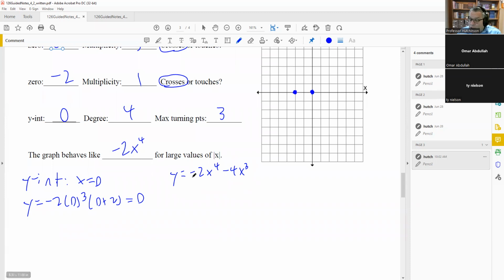Let's talk about end behavior next, and then we can put this on the graph. For end behavior, n is even because the highest power, the degree, is even. Then a_n is the number in front of the x with the highest power. In this case, a_n is less than 0.